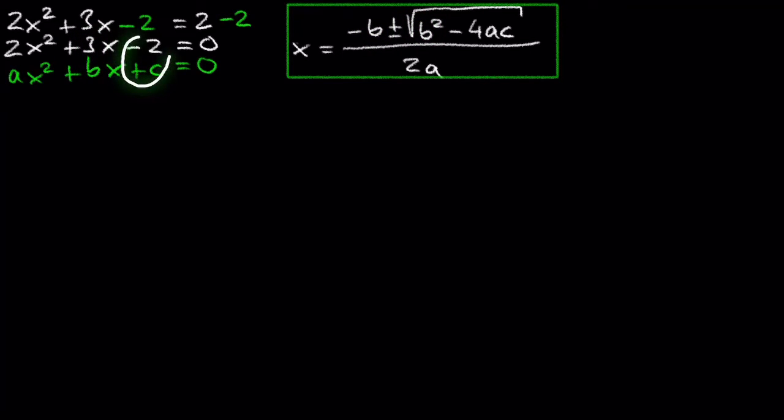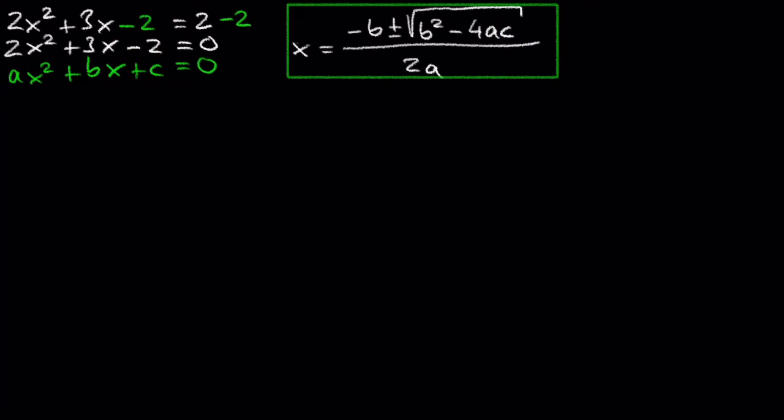And the c, which we have to plug into the quadratic formula, is the negative 2, which stands alone without an x squared or x. We also call the negative 2 the constant term.